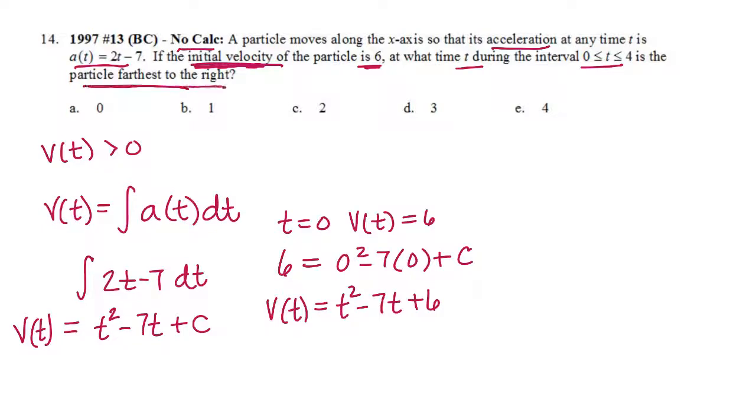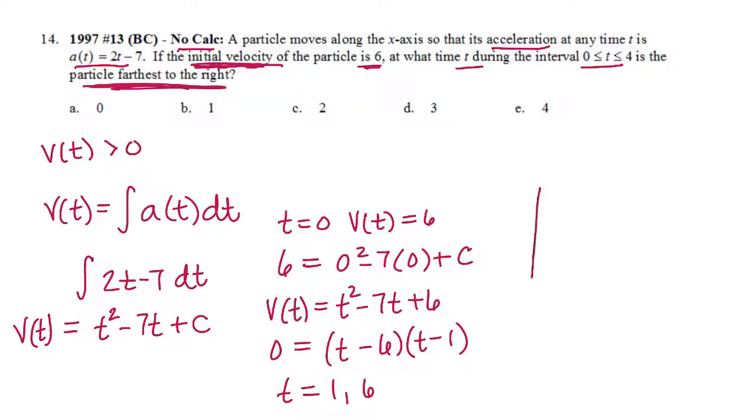Now I need to know when this is farthest to the right, which would be super easy if we had a graph, because then we could just see where the function is below or above the x-axis. So if we graph this, then we definitely need to see where we cross the x-axis. So we have 6 and 1 for our time.